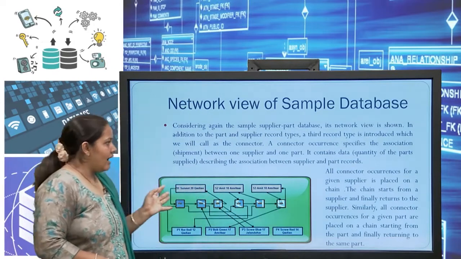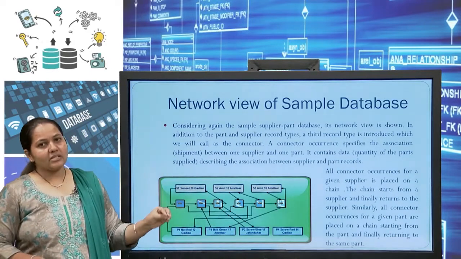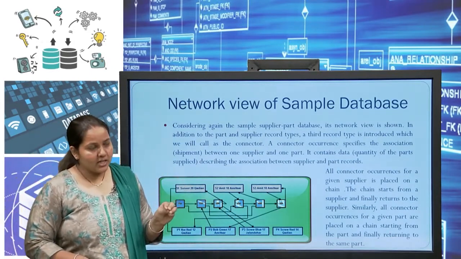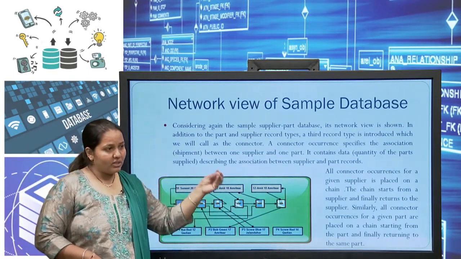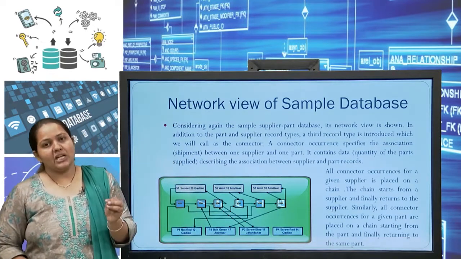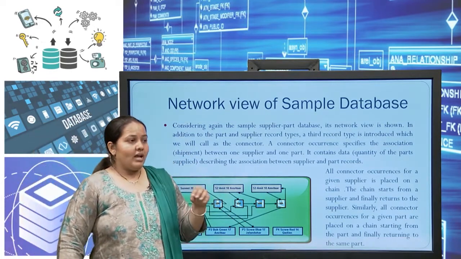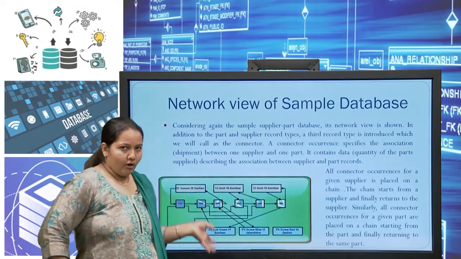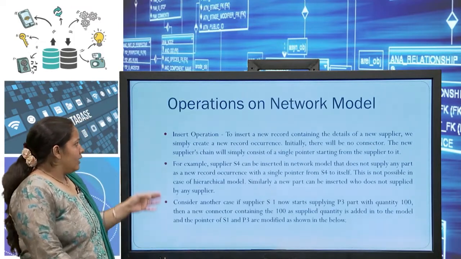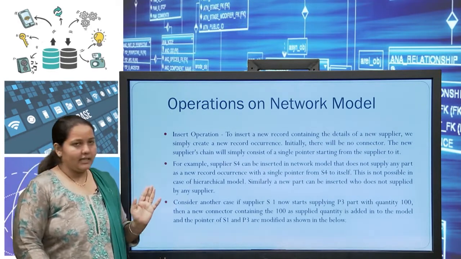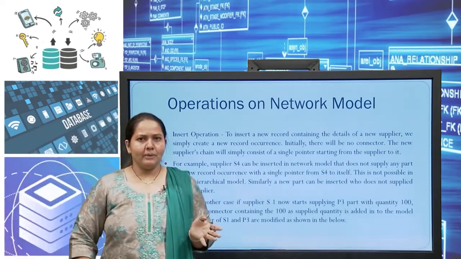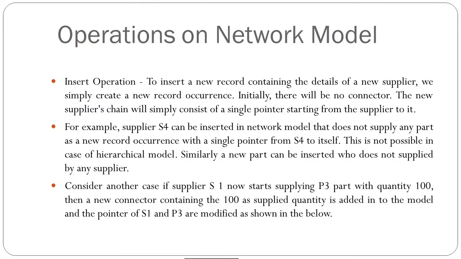Again, this is just the structured view. In this we must take care of connectors. If I am adding something, then I have to add connectors on both sides. If a more complex relation design is there, then we have to design a more complex view of this model. Generally the insert, update and delete operations are all performed, but if we perform all these, then there is difficulty because of complexity.